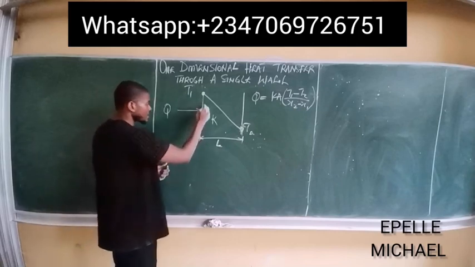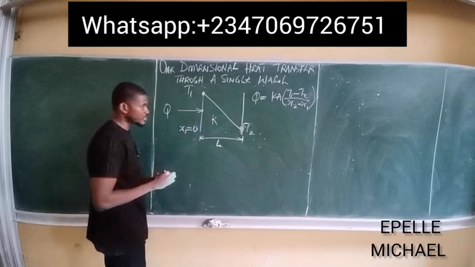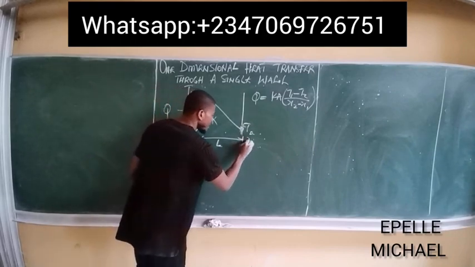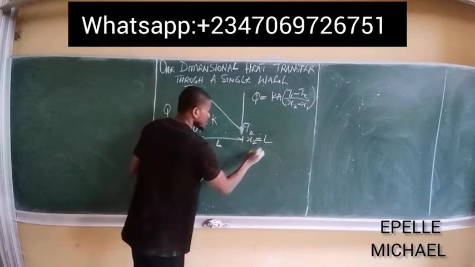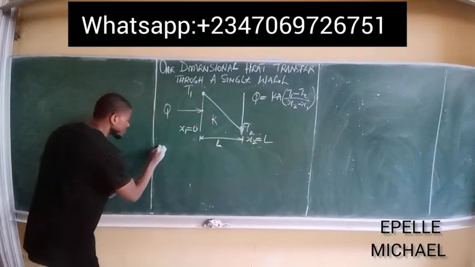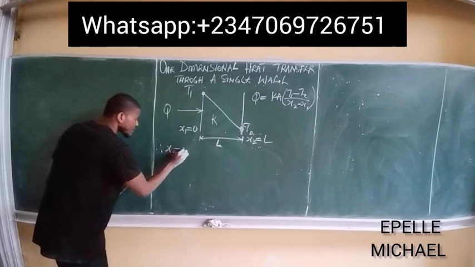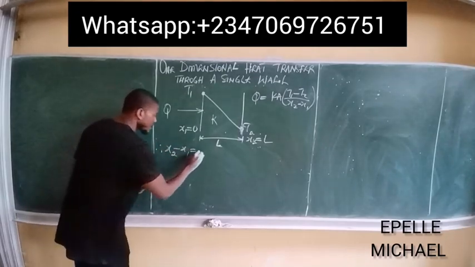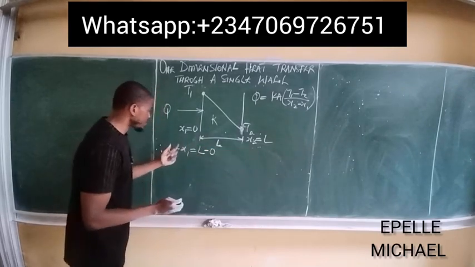At the beginning of the wall, X1 is equal to 0. Meanwhile, at the end of the wall, X2 is equal to the total length, which is L. Therefore, X2 minus X1 is equal to L minus 0, because X2 is L and X1 remains 0.